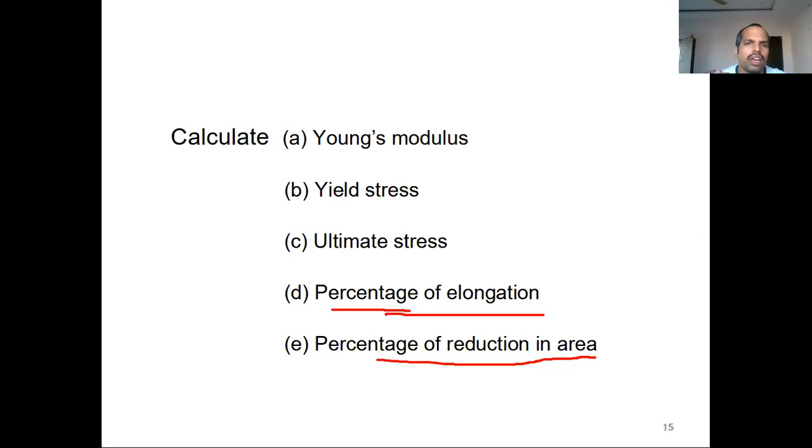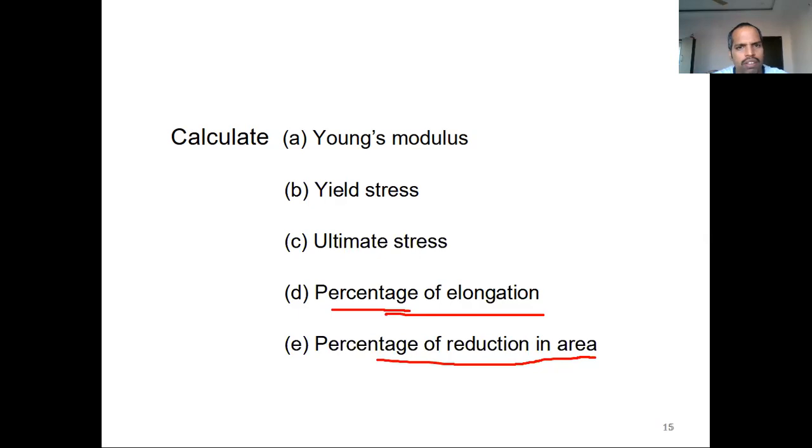Assuming that this point is before the elastic limit, because it is not specified where the elastic limit is, but whatever the first point given will be below the elastic limit. So the load is 30 kilonewtons and with the area we can calculate the stress. Strain is the change in length, 0.1 mm, divided by the original length. Stress by strain will give the Young's modulus.